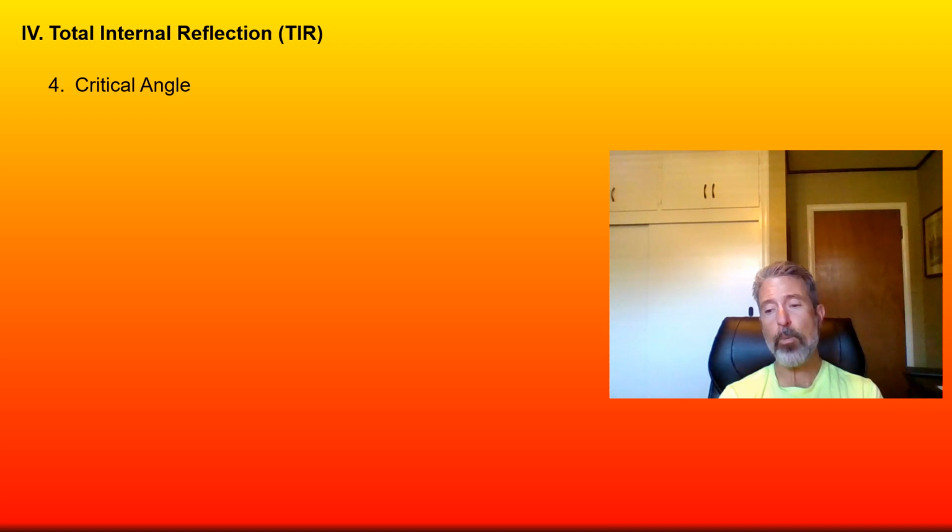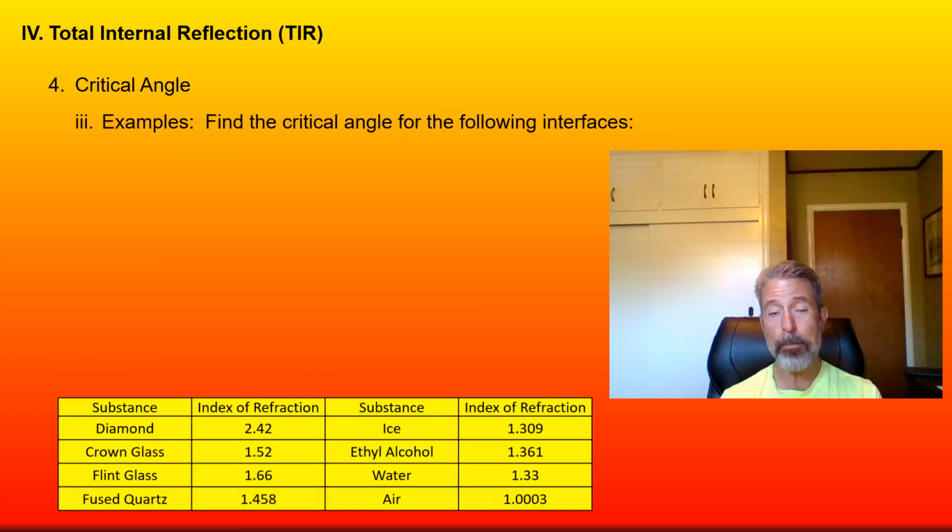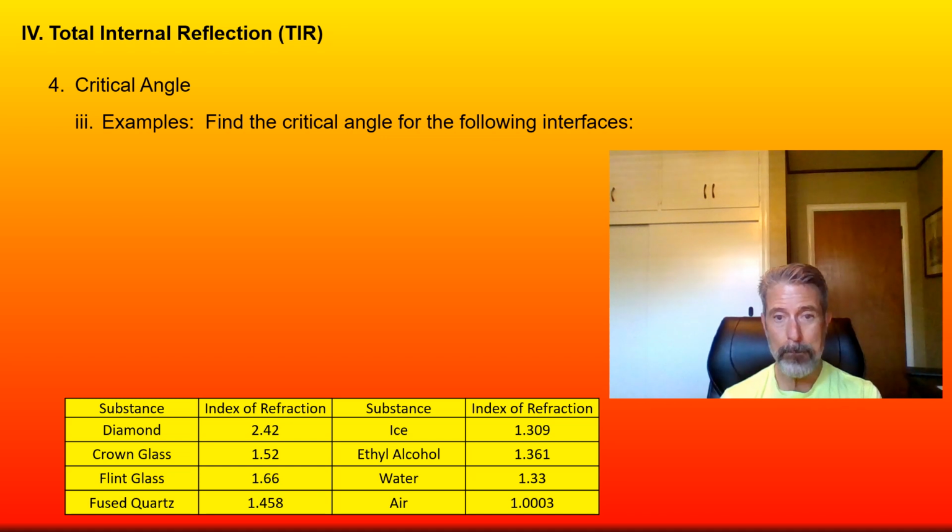So in this slide we will apply the expression we derived for the critical angle to determine some critical angles for some common interfaces, that is, some common boundaries between two media. We will use Snell's law in conjunction with a table of refractive indices here.